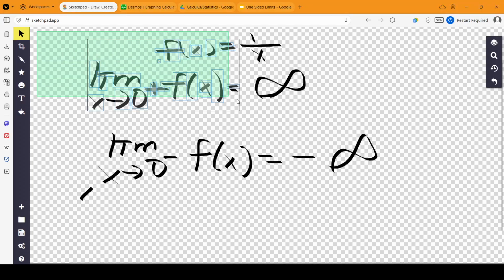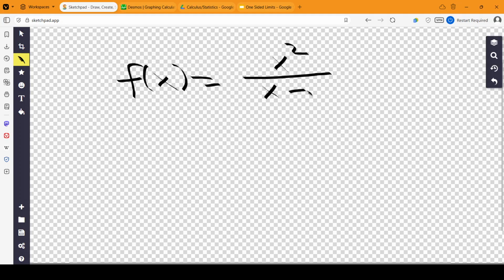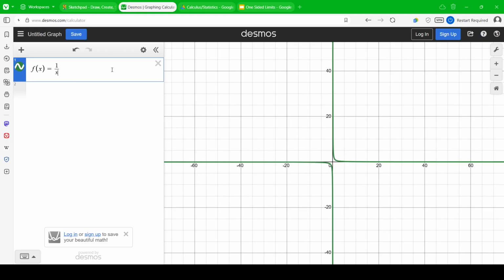Now let's take a different function to understand this idea, and we'll take f of x equals x squared over x minus 2, and here we'll write this into the calculator.